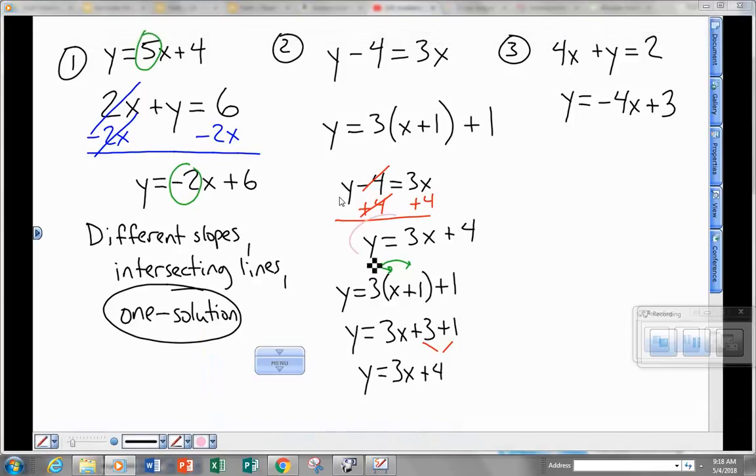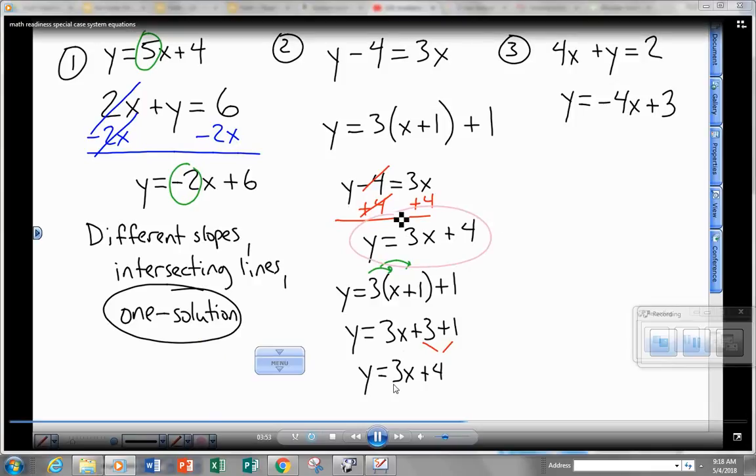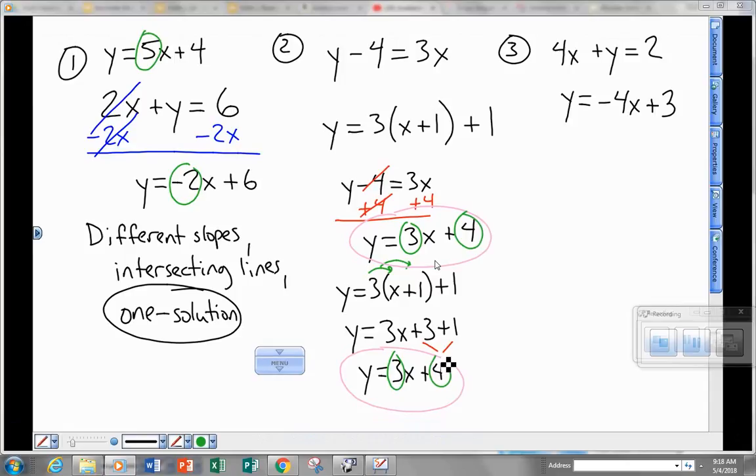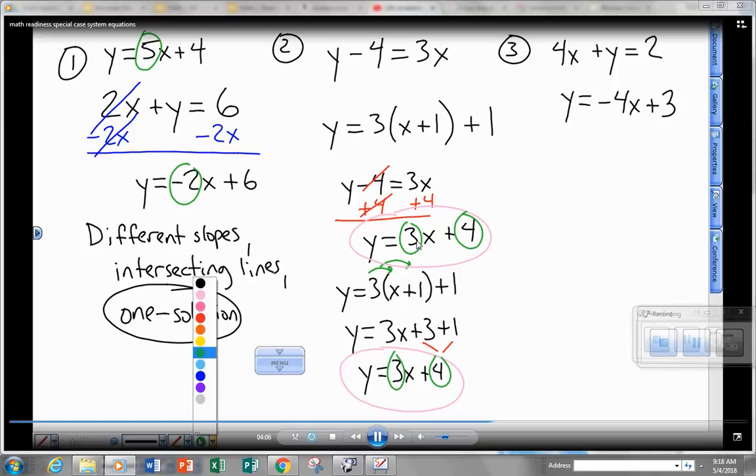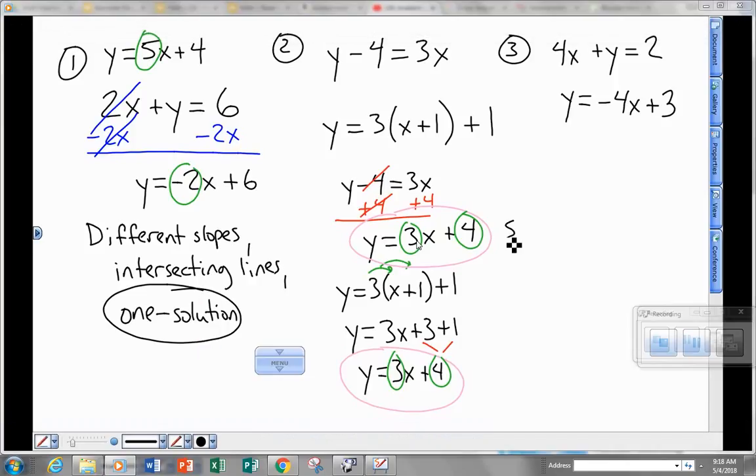So know that just by looking at them. Same slopes, 3. Same y-intercepts, 4. Same line, infinite solutions. Different slopes, as soon as you have different slopes, don't worry about the y-intercepts. Different slopes, one solution. Same slope, same y-intercept, same line, infinite solutions. So you need to know that just by looking at those equations without graphing. If I was to graph those, they would be overlapping lines. So that is an infinite solution.